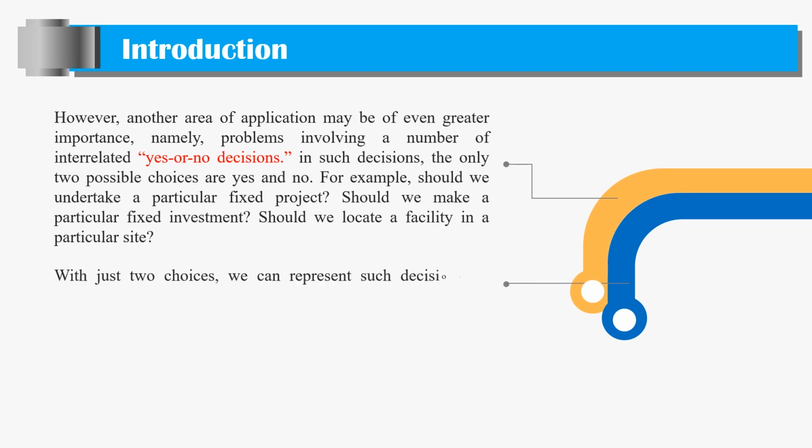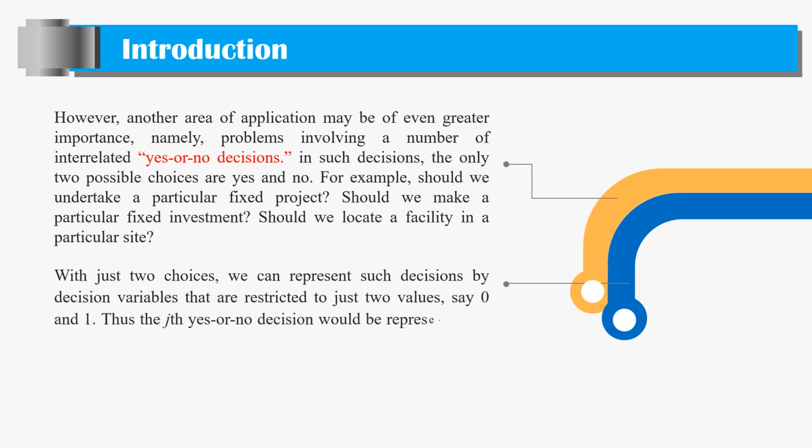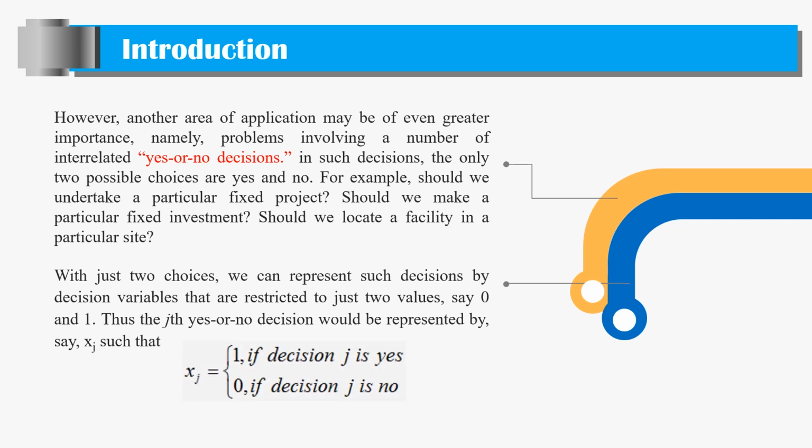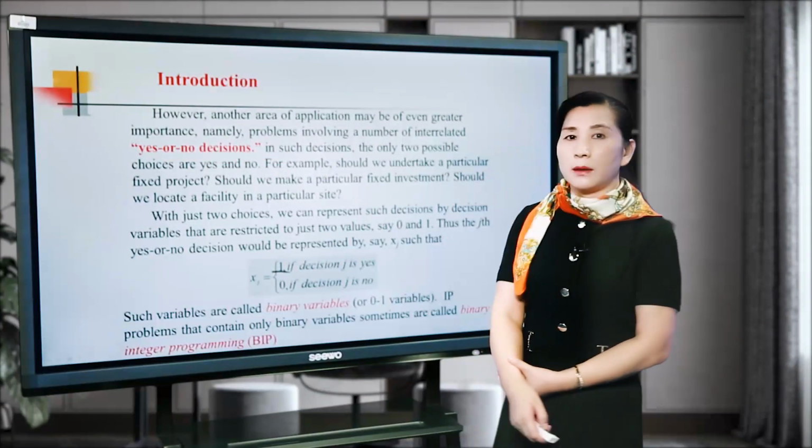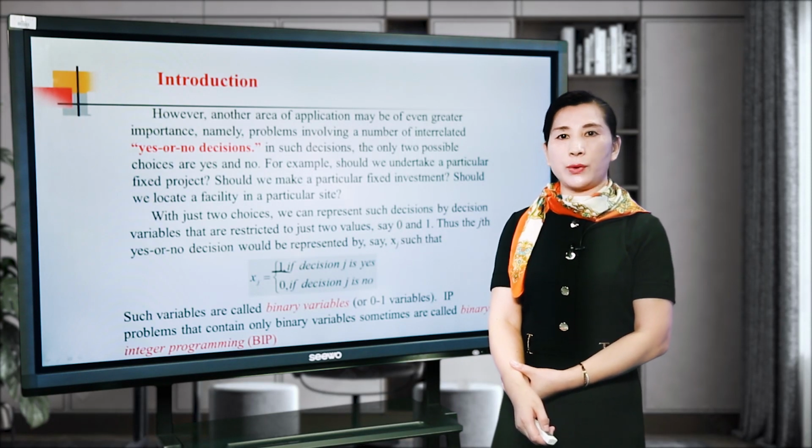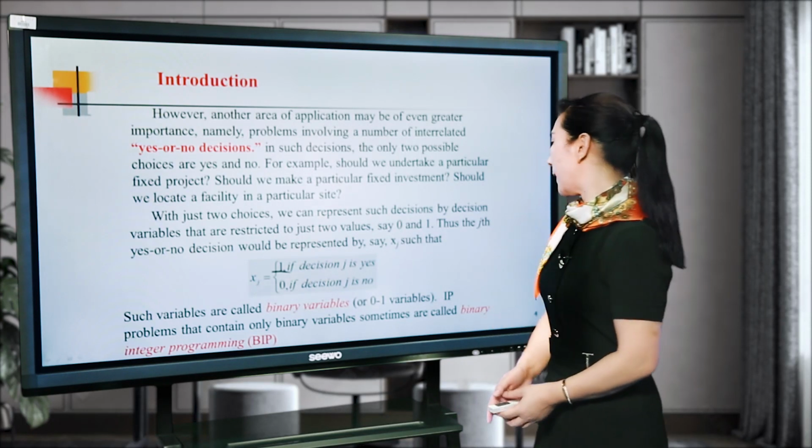With just two choices, we can represent such decisions by decision variables that are restricted to just two values, say 0 and 1. Thus, the yes or no decision would be represented by, say, xj, such that we set xj equal to 1 if decision j is yes, and equal to 0 if decision j is no. Such variables are called binary variables or 0-1 variables.